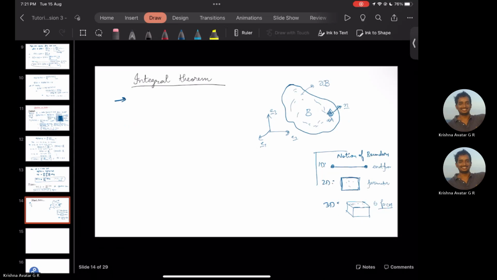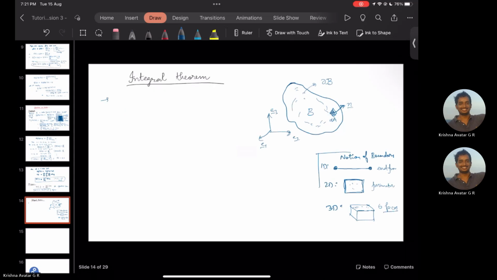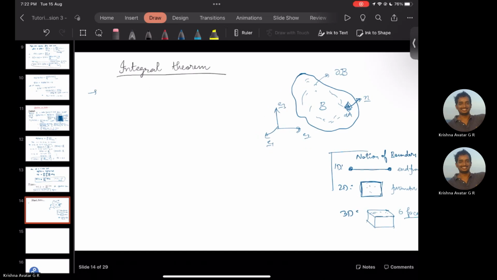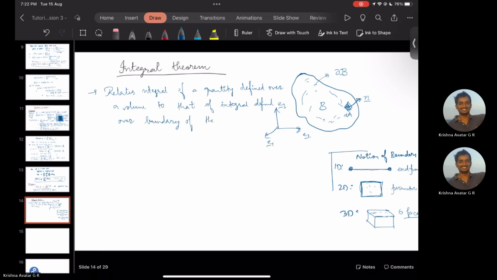So it relates the integral of a quantity defined over the volume to the integral defined over the surface, or boundary, of the domain.